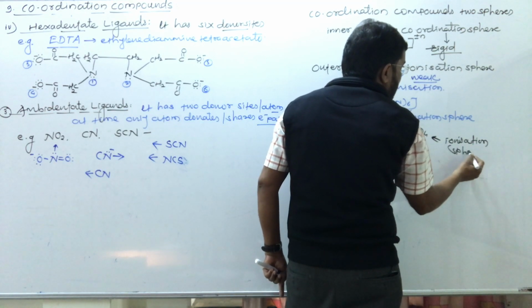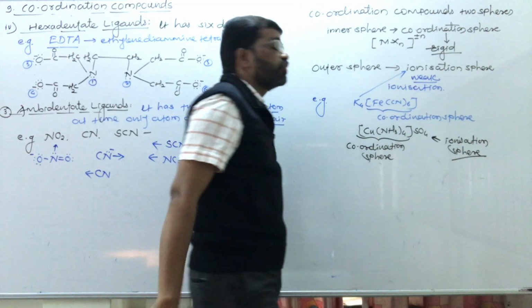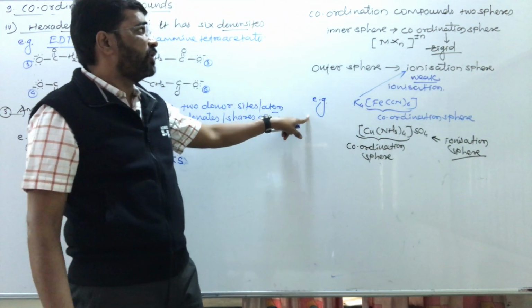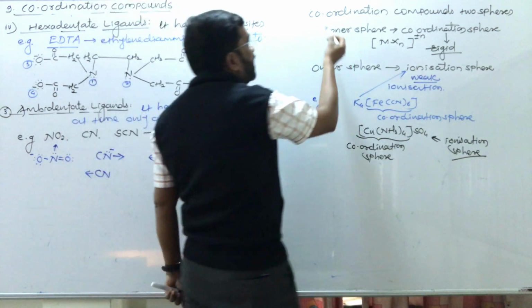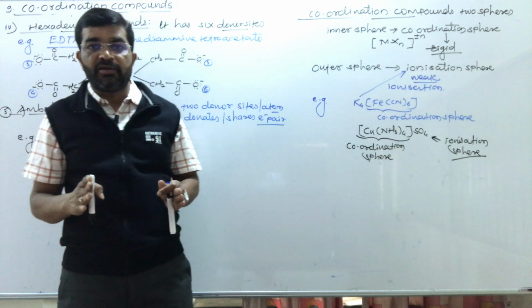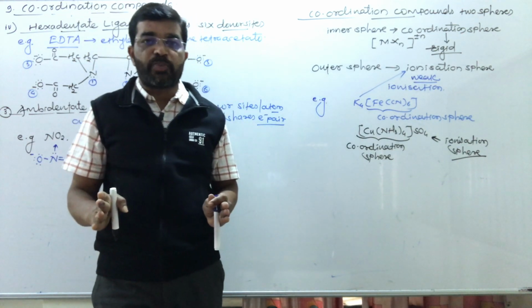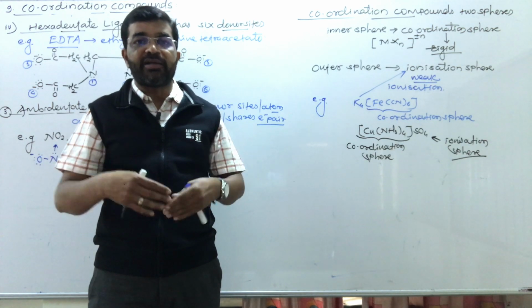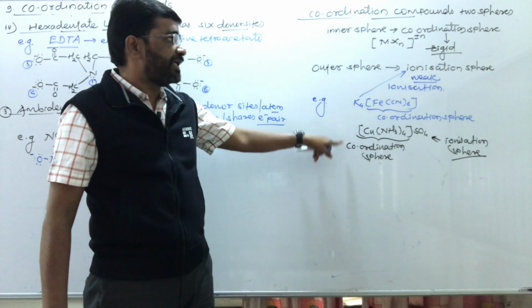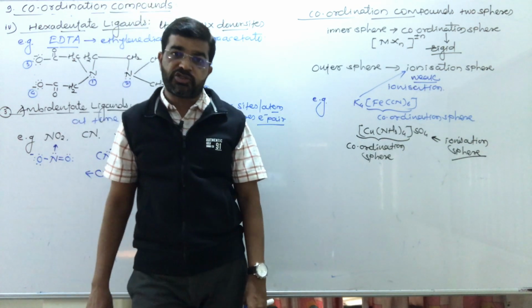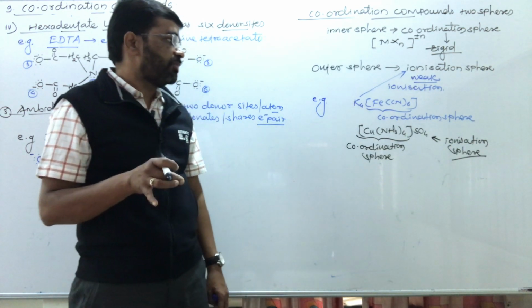So these are the terms used in representing a coordination compound. Coordination compounds have two spheres: the inner sphere, which is rigid, called the coordination sphere, and the outer sphere, which is weak and ionic, so it undergoes ionization, and therefore is called the ionization sphere.